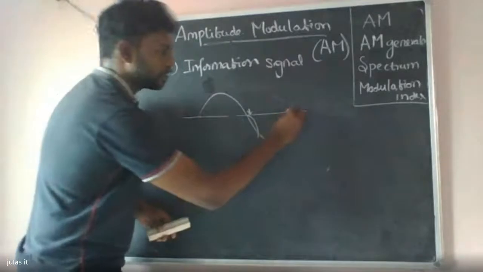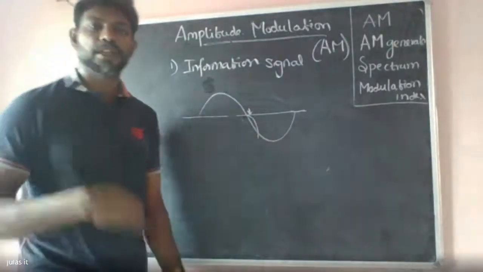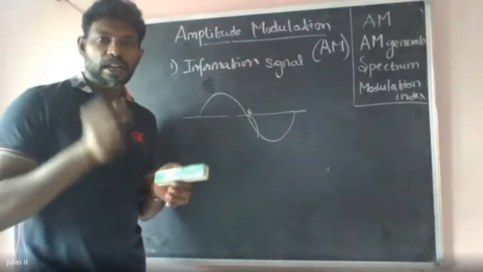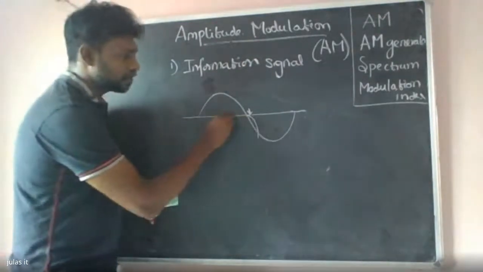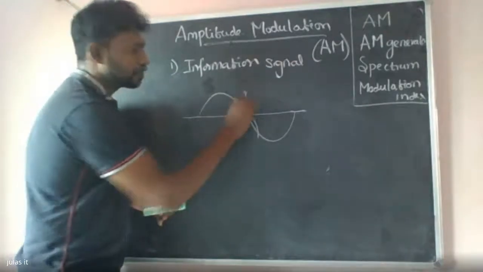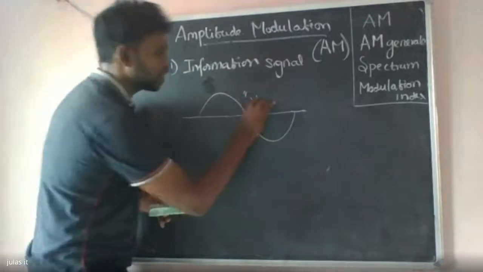Now, I just named this signal, right? Whenever we are going to derive some equations, we need some parameter values, right? So I call this information signal, this amplitude I am referring to as V m of t.